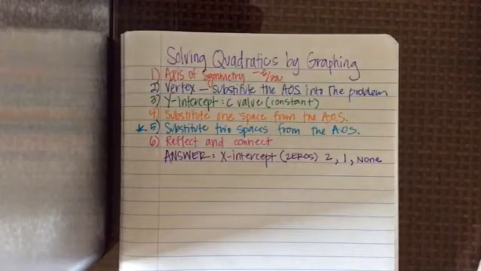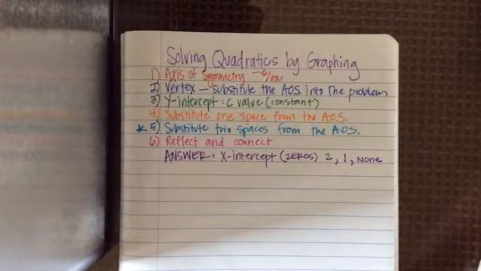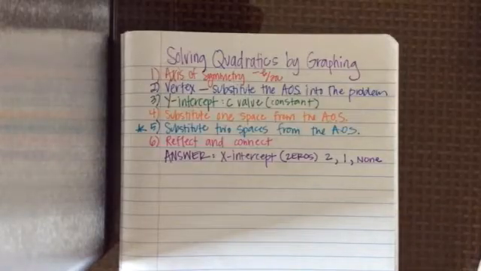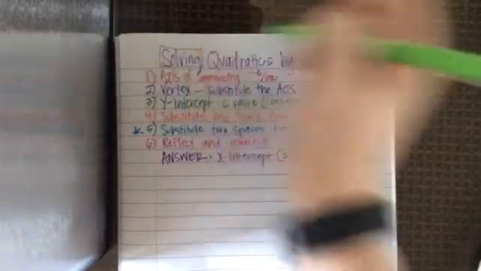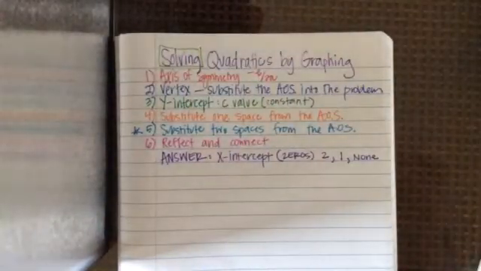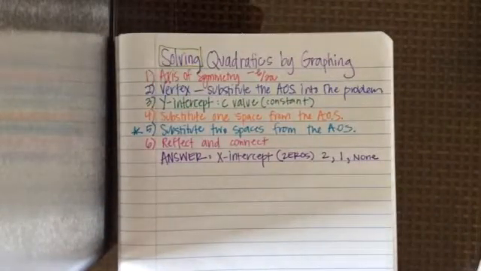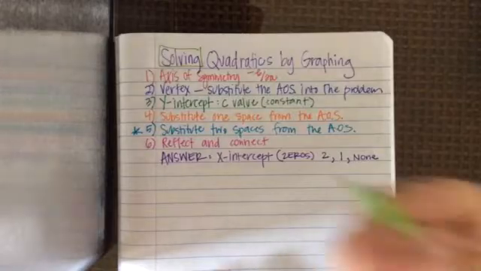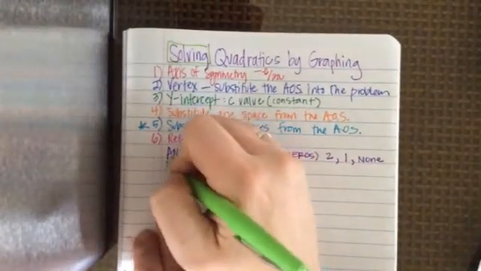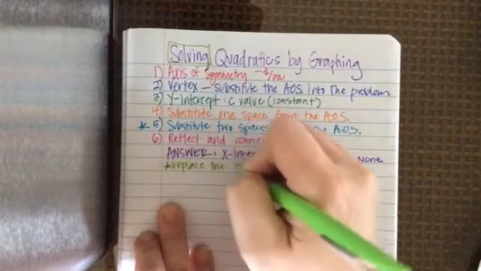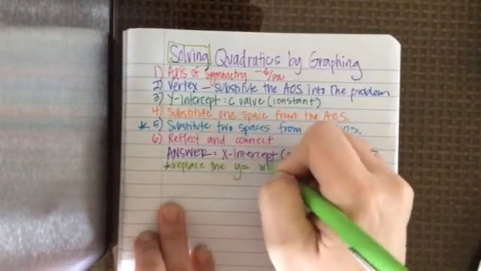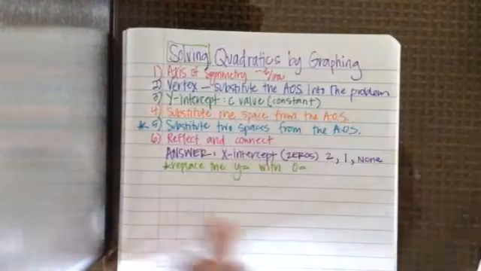Another really important part, that sometimes we get a little confused with: to graph it, it needs to be in quadratic form, having an x squared and an a value. To solve it, we simply replace the y equals with 0 equals.